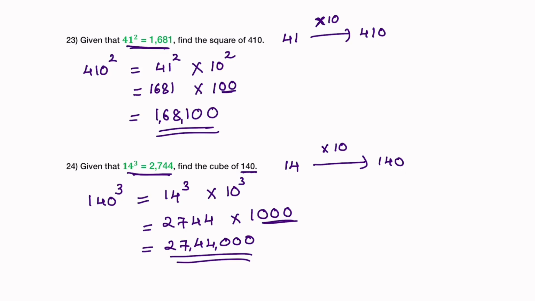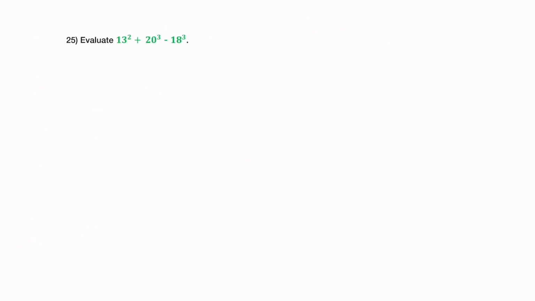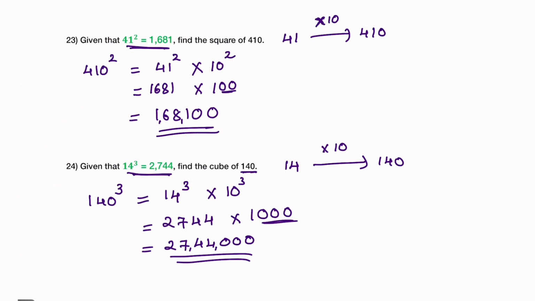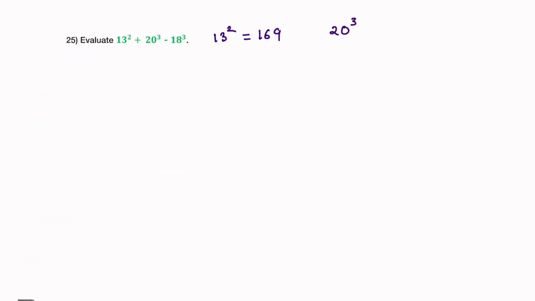Easy. Okay, so it's just identifying what number you need to multiply or divide by to get there and then solve accordingly. Evaluate. Okay, so 13 square is 169. 20 cube. Let's use the method from here. How do we get 20 cube now?